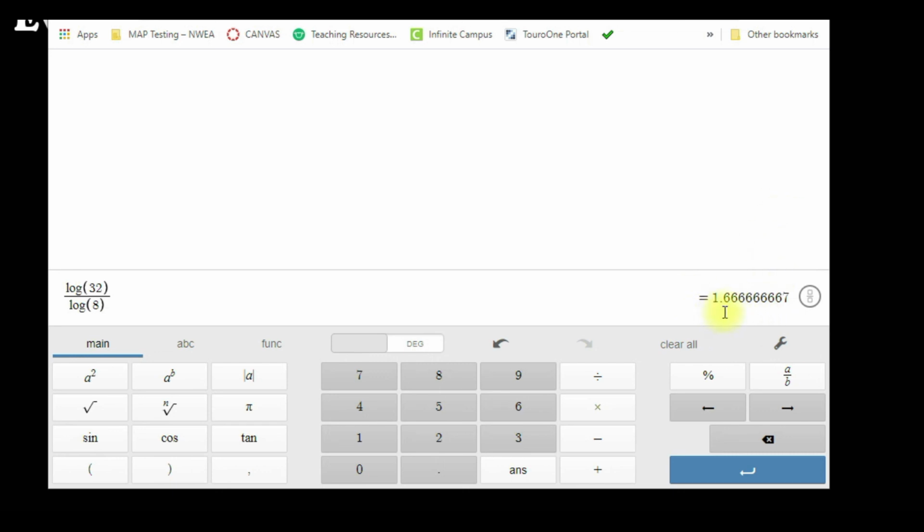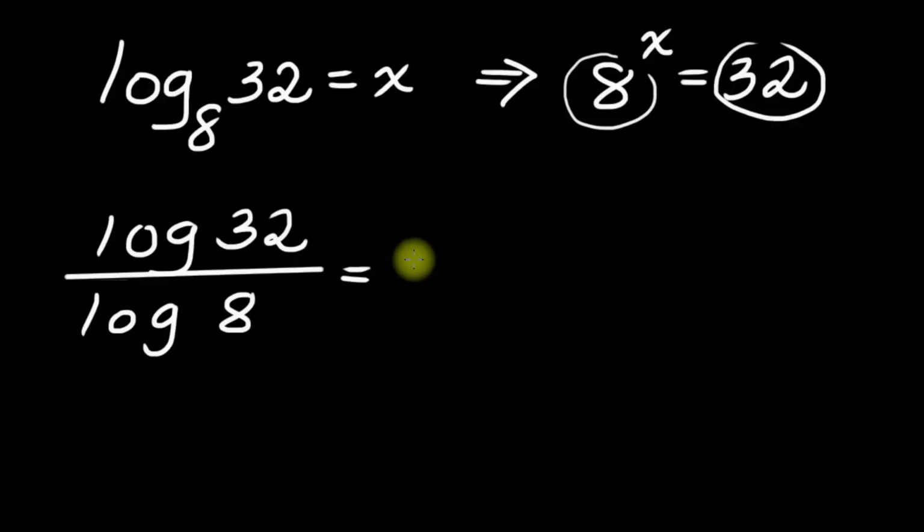So it's 1.666 and so on. So we need 4 numbers after the decimal point. So that is going to be 1.6667. Okay, so that is how you evaluate log using the change of base formula.